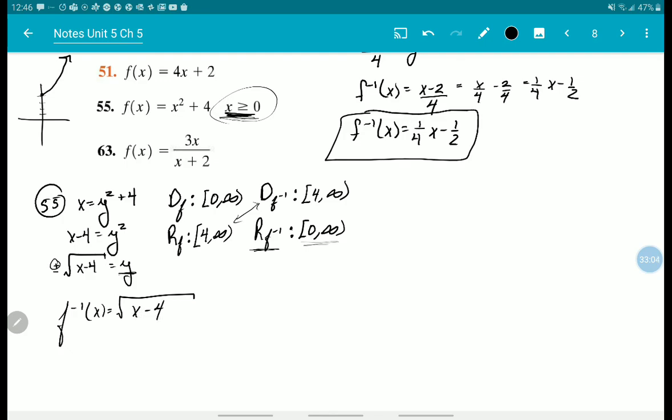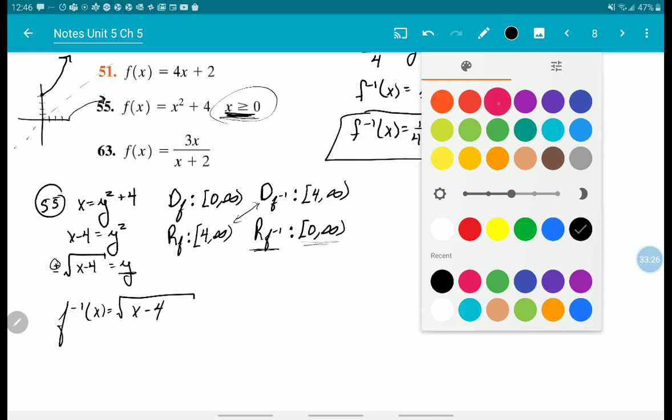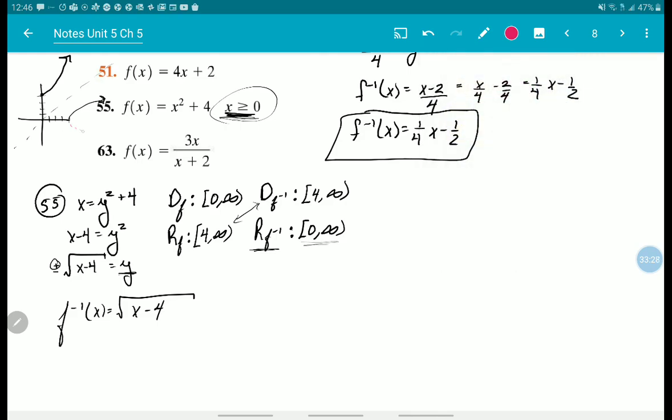And we could also verify that using Desmos again, because this guy has to be symmetric about the line y equals x. If we were to graph that square root of x minus 4, it's going to look like this. So we would see that symmetry about that line. If we graph the negative, it is not going to give us the symmetry that we need, because remember, that's going to be a reflection.